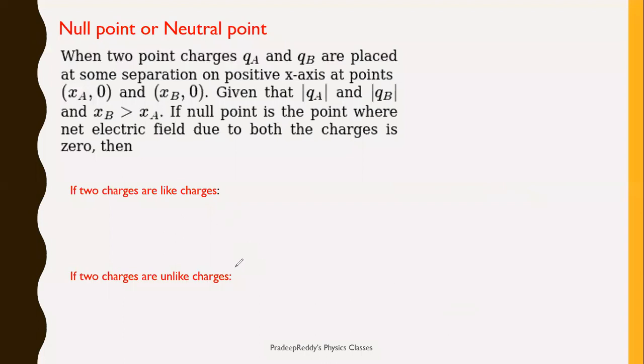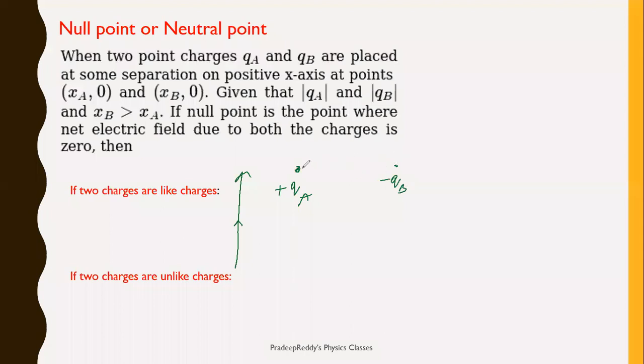Now coming to this part, if two charges are unlike, that means you are taking one charge as positive and the other one as negative. Here you have charge QA and this is positive, and here you have charge QB and this is negative. These are opposite to each other, they are unlike charges.